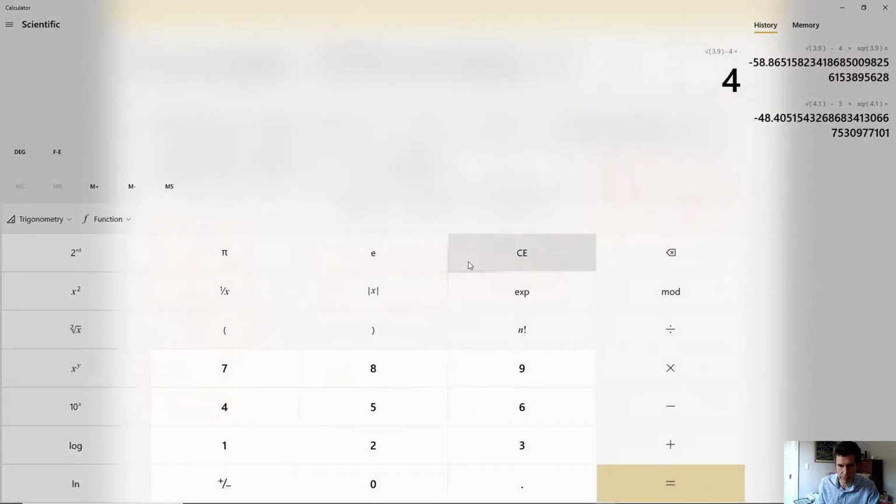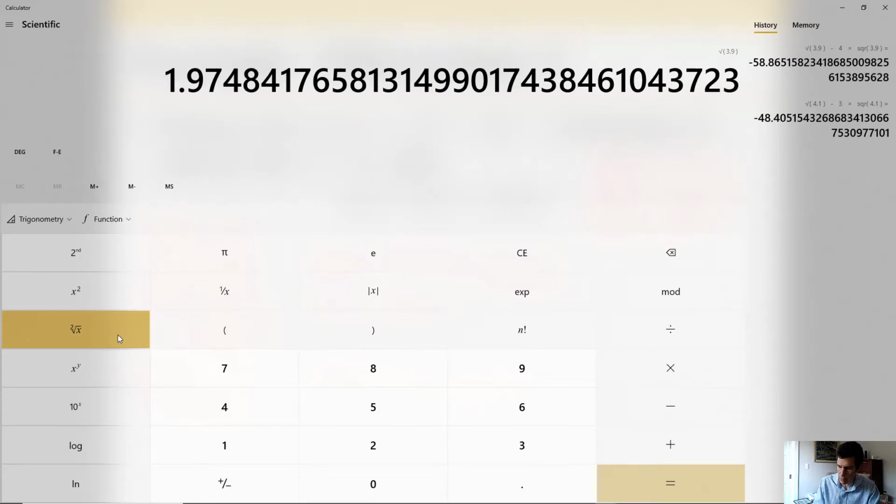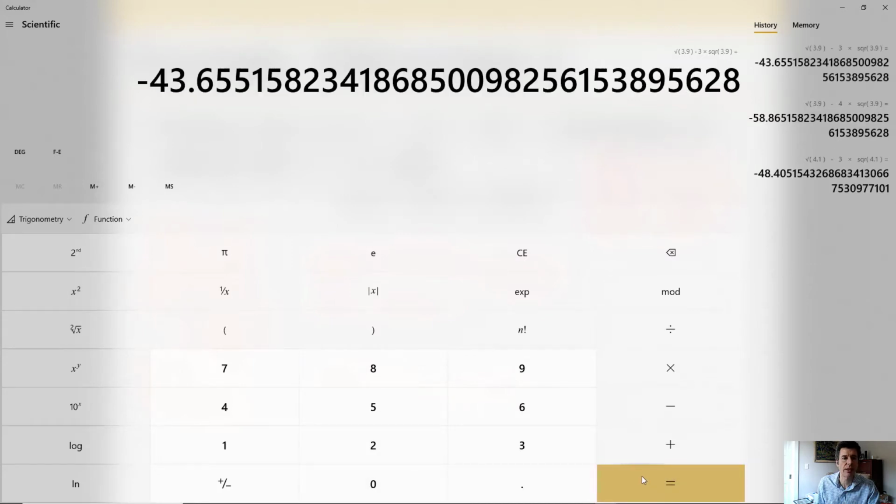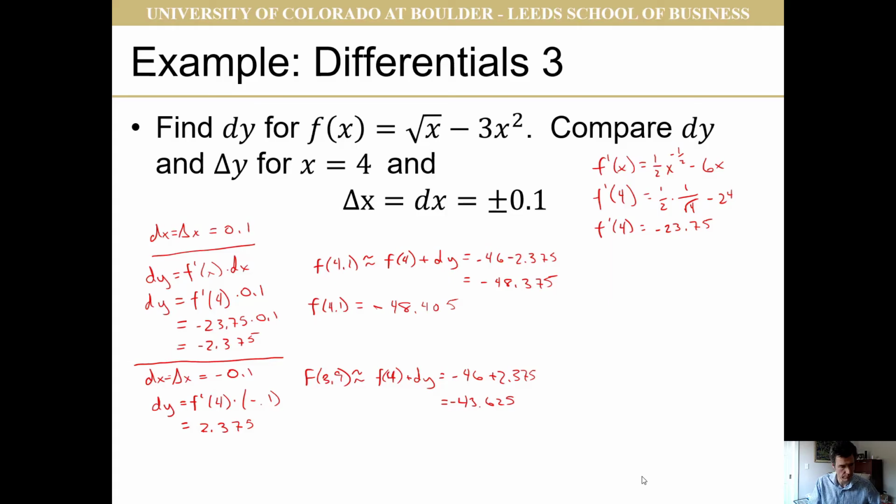That's what went wrong. Let's clear this out. There you go. The square root of 3.9 minus 3 times 3.9 squared equals negative 43.655. So f of 3.9 is negative 43.655. It goes to show if you do the wrong function, you get the wrong answer.